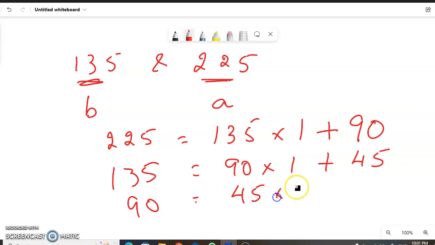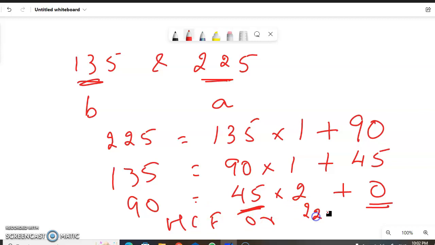So 45 into 2 is 90. So what is my remainder? 0. Like this, until we get 0, we need to continue the same procedure. So what is my HCF? It is the B in the last step, or you can take the previous step's remainder. So the HCF of 225 and 135 is 45. This is how easy it is to find the HCF of two numbers by using Euclid's division lemma.